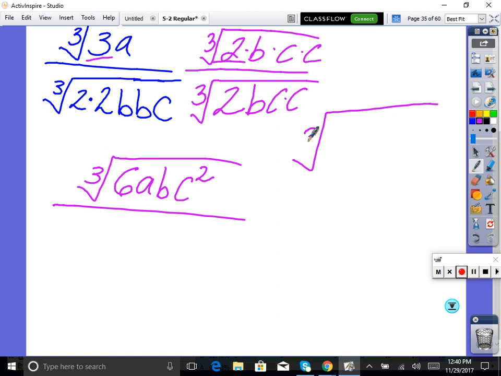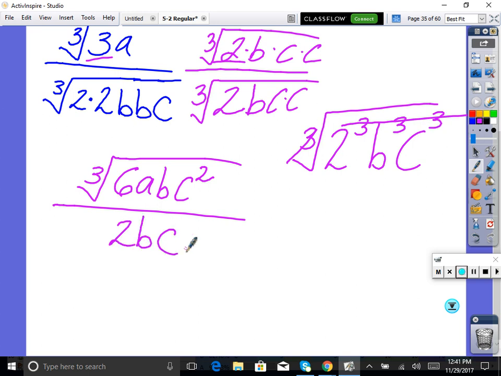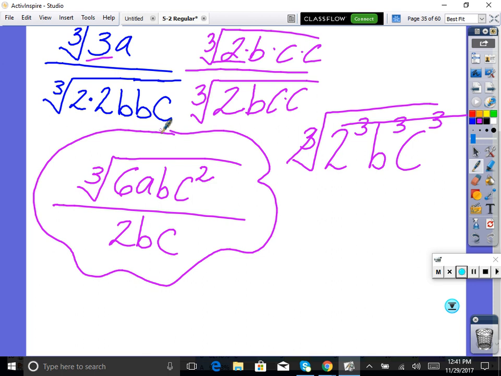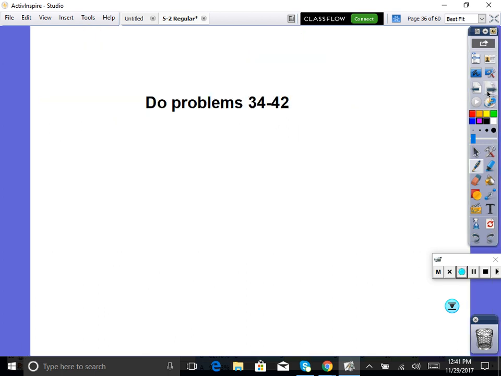On bottom, we have the cube root of 2 cubed, b cubed, c cubed, don't we? We created that on purpose so that root would cancel out with power. So on bottom, we have a 2bc, 2 times b times c. We can divide stuff that's under a radical with something that's not. Are we doing okay?